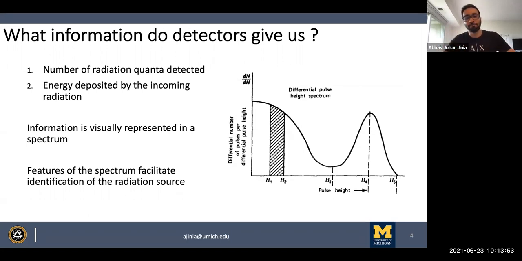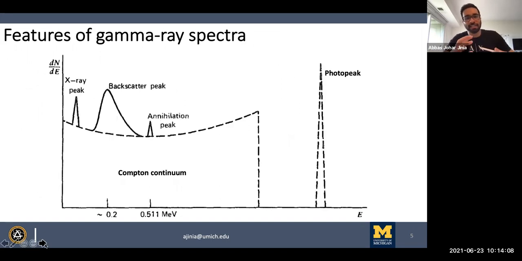These two important pieces of information, as I said, are visually represented in a spectrum, and the features of the spectrum will help us identify the radiation source. So let's talk about the general features of a gamma ray spectrum.